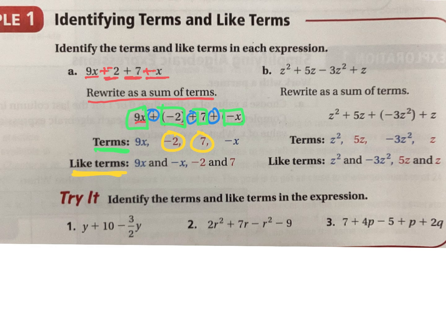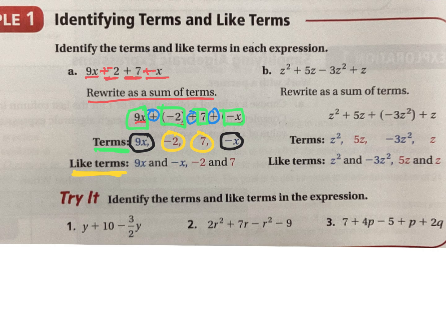Then we have numbers and variables, or a coefficient and a variable has to be the exact same variable. So if it's both x and x, then you have like terms. So this 9x is similar to just the x.